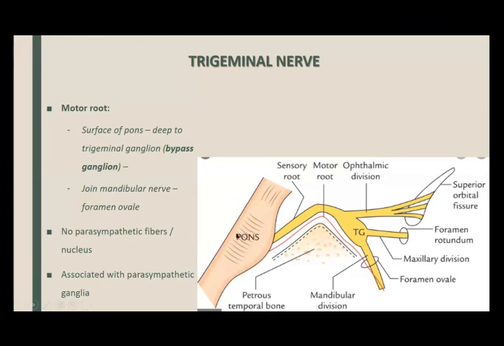These cranial nerves go and relay or arise from nuclei in the brain. A nucleus is a collection of nerve cell bodies in the brain, and a ganglion is a collection of cell bodies outside the brain.